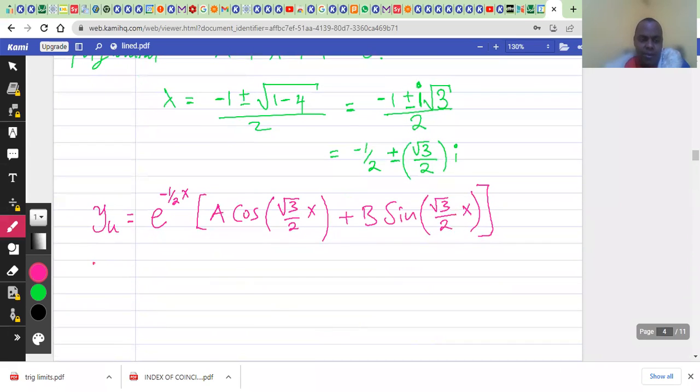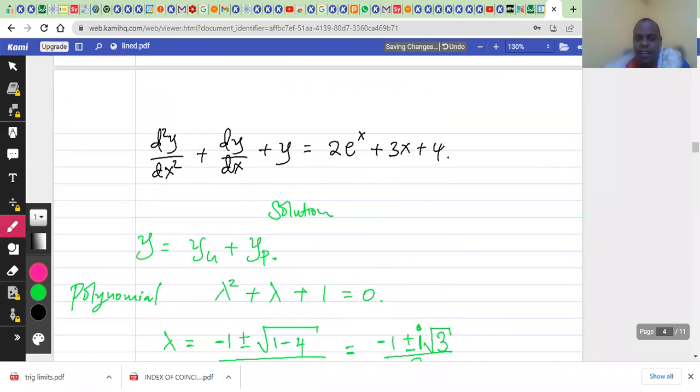So YP, we expect YP to take the shape of f(x), right?